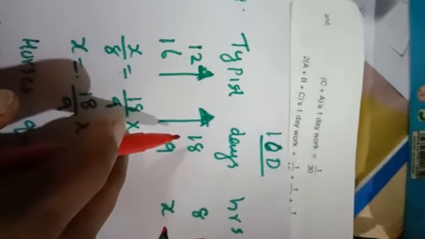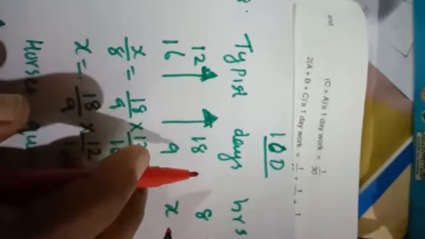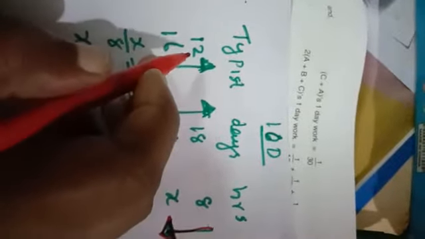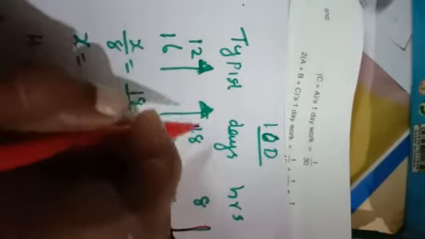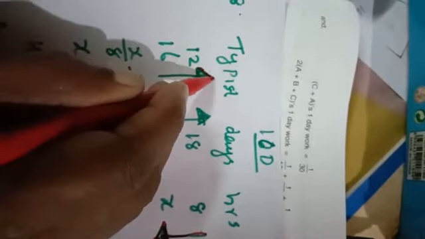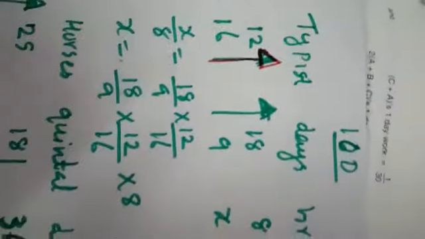If there are 16 people, it will finish very quickly. They can finish fast. So as the number of typists increases, they need less time. One is more, the other is less: inverse variation. So the arrow is just opposite.